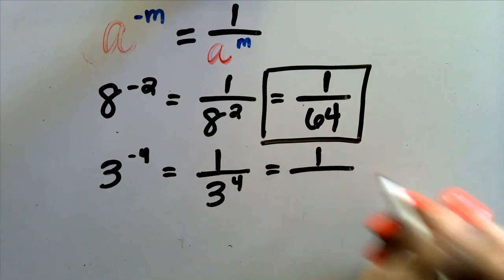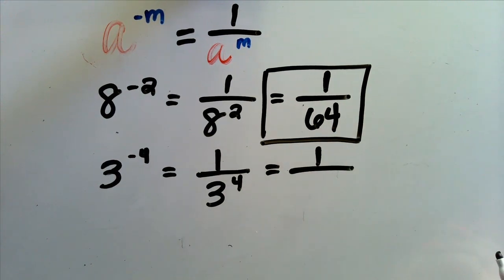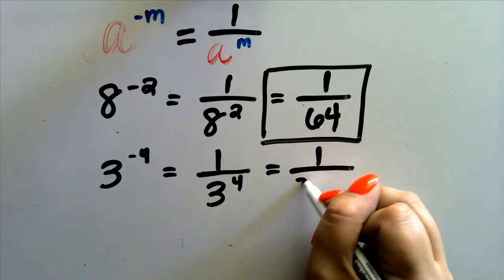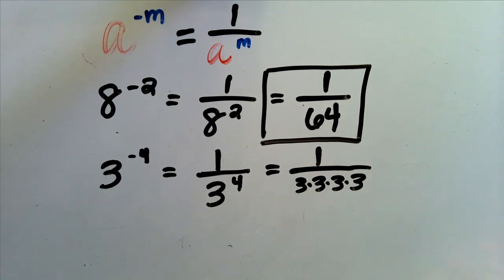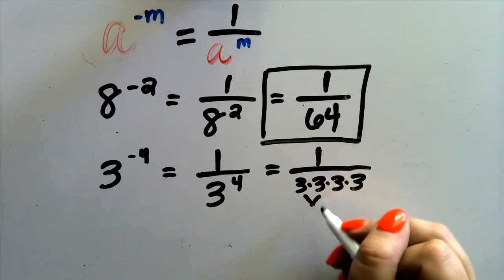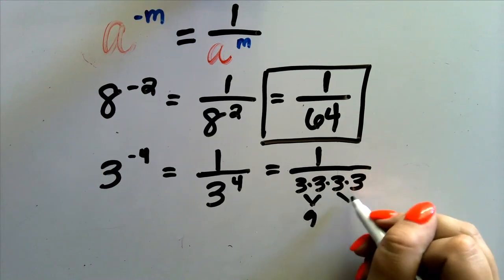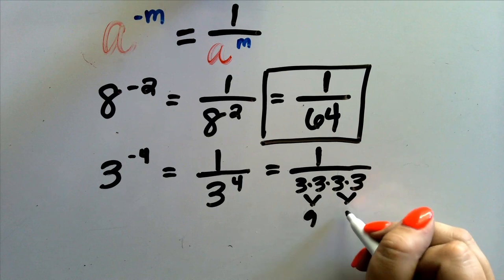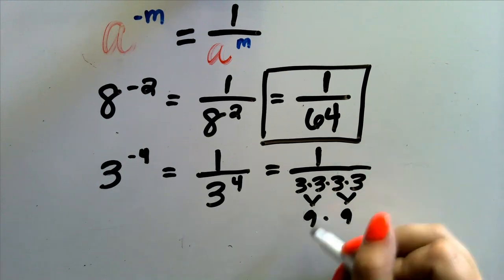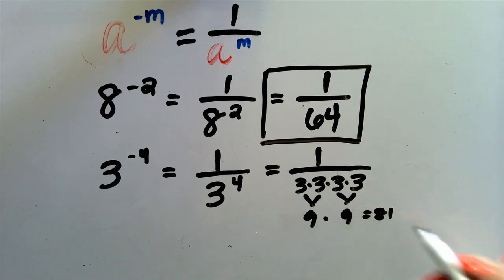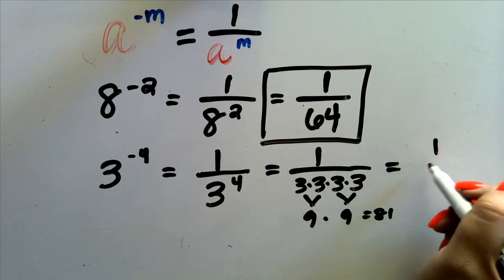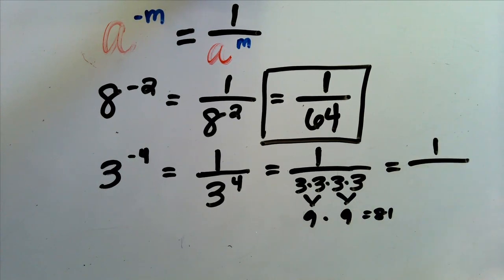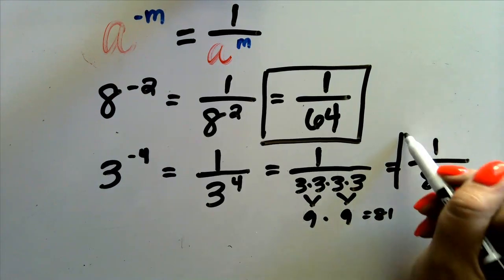Now, I don't know about you guys, but I don't know what 3 to the fourth power is off the top of my head. So I'm going to do myself a favor and write this out just so I can do this quickly. 3 times 3 is 9. The other set of 3 times 3 is 9. 9 times 9, we know, is 81. Therefore, we know that 3 to the negative fourth is the same thing as 1 over 81.